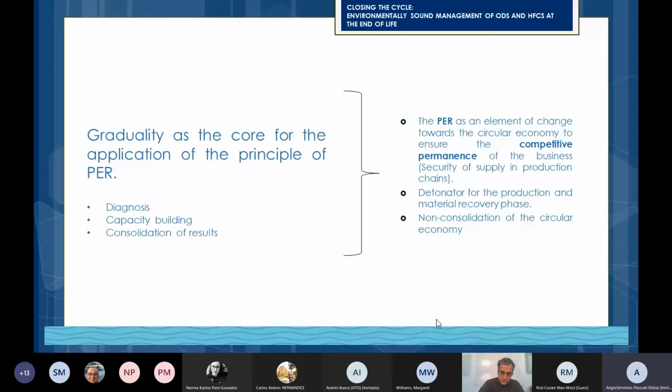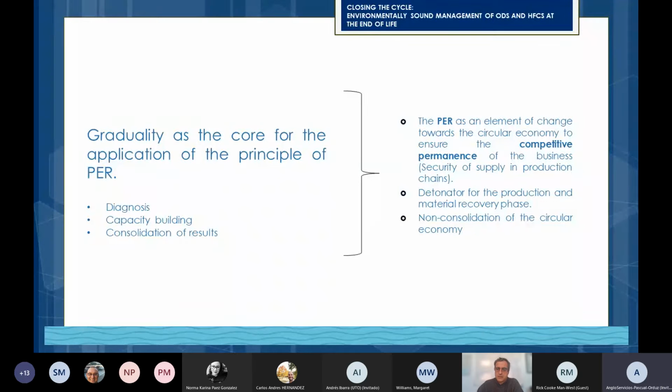Production, and then all these concepts that we have mentioned, they ensure the sustainability of our productive chains. So we need to begin to see our products as the potential raw materials of tomorrow. That's the key there. Also, it's important to consider that the PR is a trigger to move into the production stage and recover materials, and then we will be able to consolidate the circular economy approach.